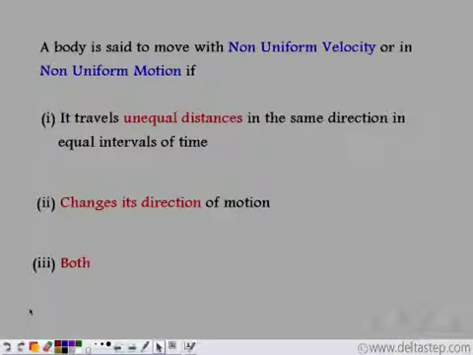When a body has equal displacement in equal intervals of time, it is said to be moving with uniform velocity or in uniform motion. And when a body covers either unequal distances in equal intervals of time or changes its direction of motion in equal intervals of time, then it is said to be moving with non-uniform velocity, or it is said to be in non-uniform motion.